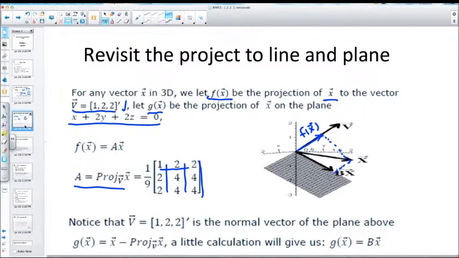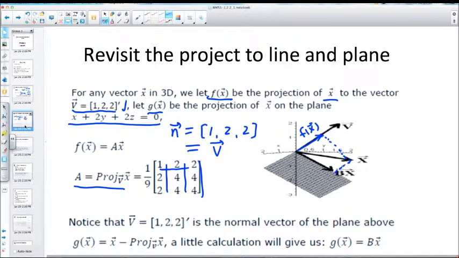We just pay attention that the normal vector of the plane is n equals (1, 2, 2), the same as V. In other words, V is precisely the normal vector of the plane.